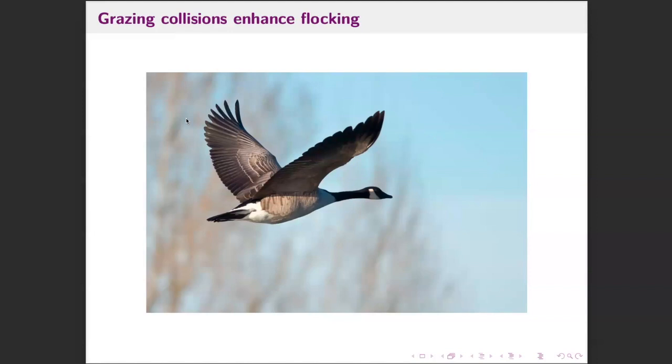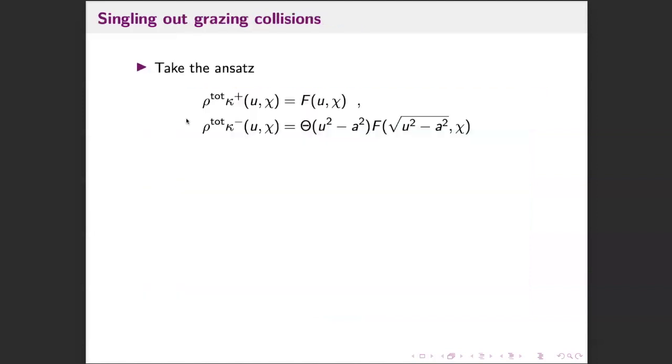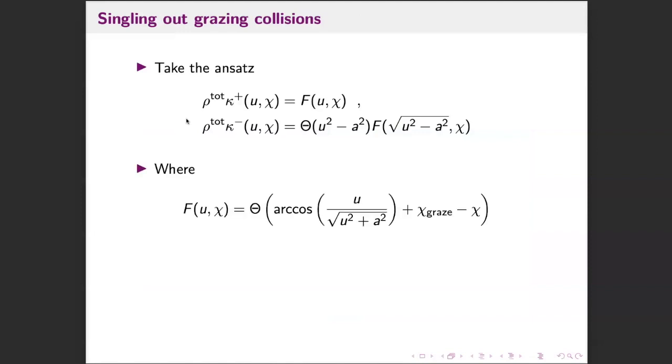And that's precisely what we are going to assume for our reactive volume, because as I mentioned, this kappa can depend on two things, u and chi. And what we will assume is that only the smallest chi values that are allowed, only for that it is non-zero. So this theta function, what's going on there is that this term was already the lower bound for chi. That's just allowed by the collision geometry. But now we also say that this together with this is the upper bound.